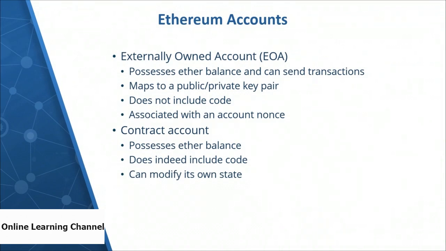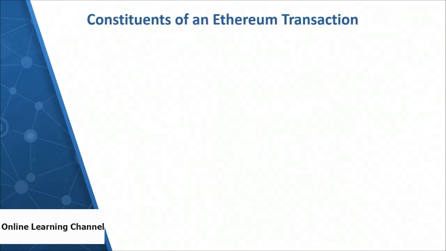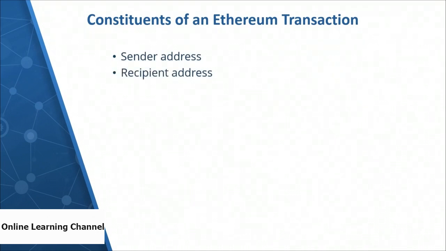For the next task in the exercise, you needed to note down the constituents of an Ethereum transaction. So whenever a transaction has been invoked in the Ethereum network, there is a transaction body which will contain a few fields. One of these is the address of the account of the sender of the transaction. The transaction will also have a recipient, and this could be a contract account or an externally owned account.